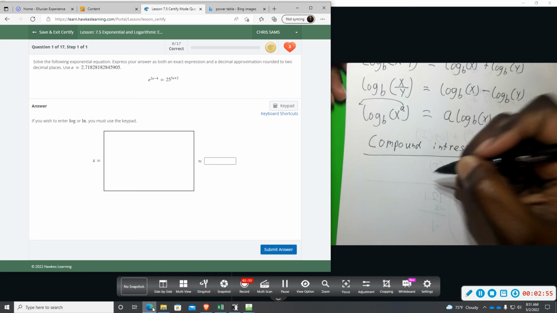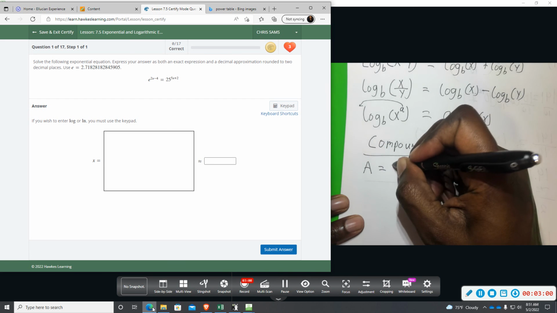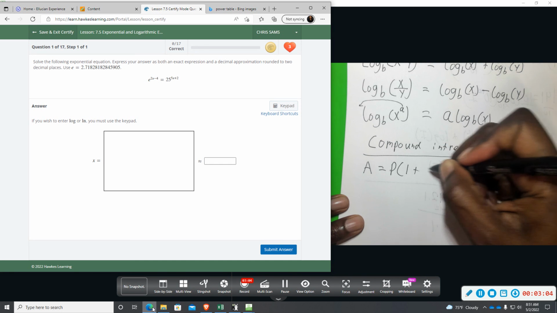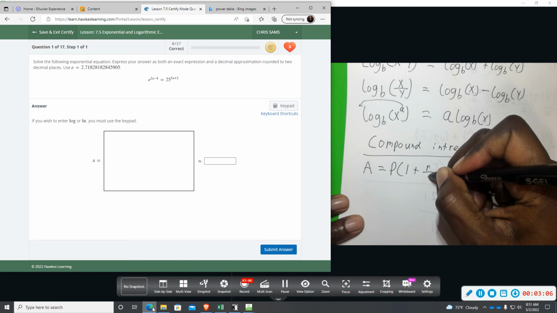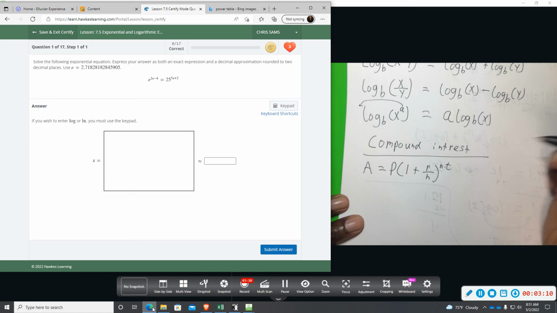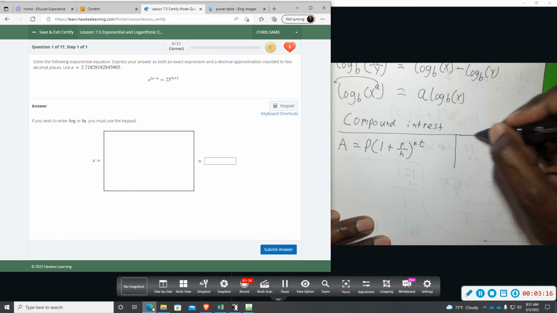Compound interest, that formula is A equals P, open parentheses, 1 plus R divided by N, raised to the N times T power. And then I'm going to give you a shorthand formula. So this is if it's compounded annually.